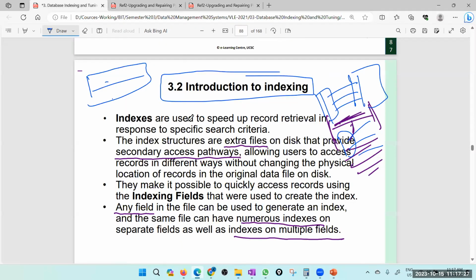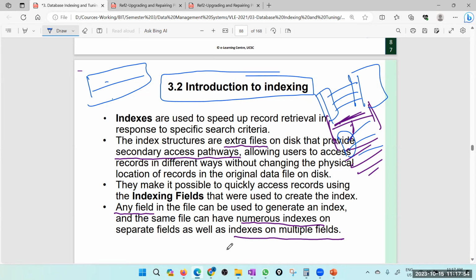Right. So indexes are used to speed up record retrieval in response to specific search criteria. If you are searching based on the index field, your index file is going to be really handy. But it's an extra file, so you need extra space. And you also need to manage your indexes, otherwise your index will have some missing things.